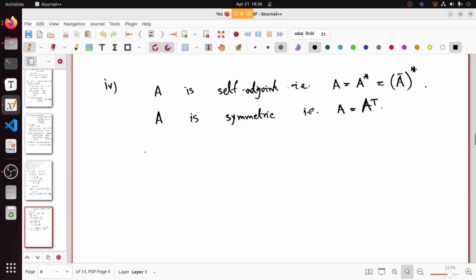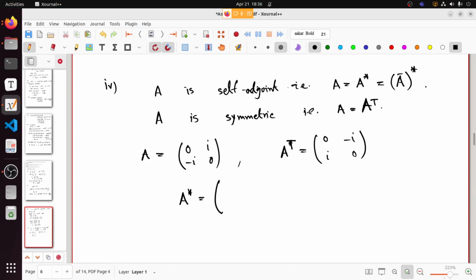So let's take a complex matrix, A equals [0 i; -i 0]. Then what will be A transpose? A transpose will be [0 -i; i 0]. But what will be A star? Now you have to take the conjugate as well, so A star is [0 i; -i 0]. Therefore A equals A star, so it is self-adjoint but not symmetric.